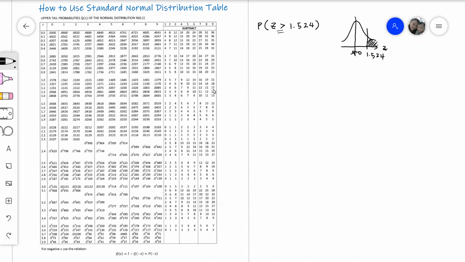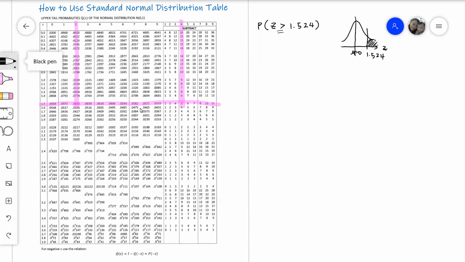We just look for 1.524. So 1.5 basically is here. This whole line is 1.5, and then the second decimal place is the value of 2. So for 1.524, the 4 will be coming from this column.